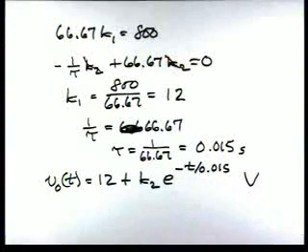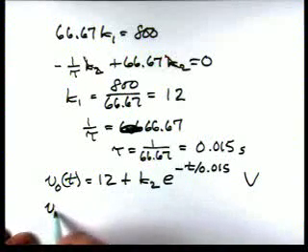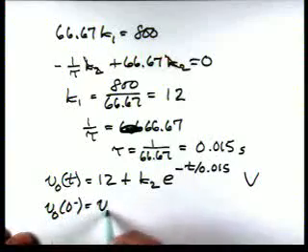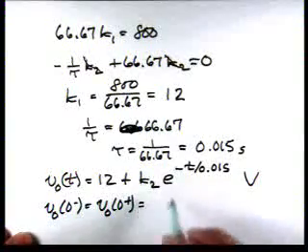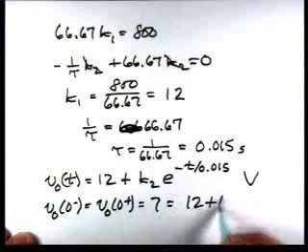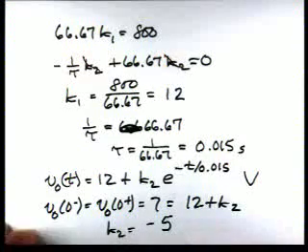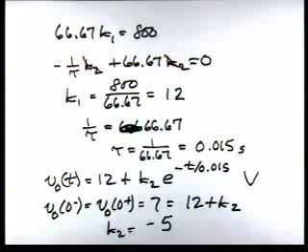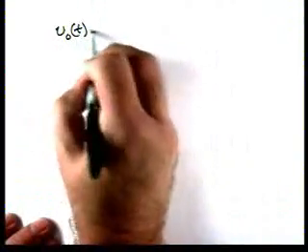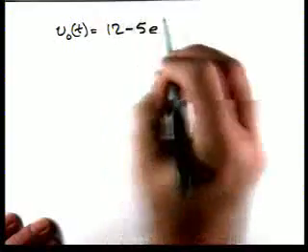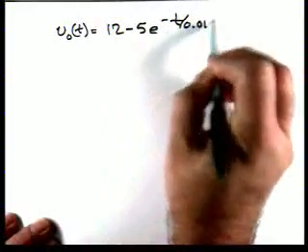And we still need to calculate K2. We can do that because we know that V0 of 0 minus equals V0 of 0 plus is 7. And that's 12 plus K2. So then K2 has to equal minus 5. So then our solution is V0 of t is 12 minus 5 e to the minus t divided by 0.015 volts.